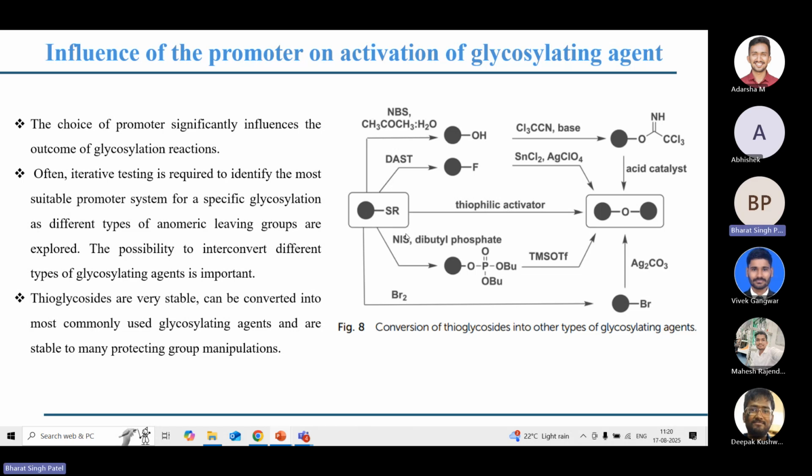Using NIS and dibutyl phosphate, it is converted to a phosphate donor, which can again be converted to the final glycoside. The thioglycoside can also be converted to bromide, and then the bromide to the glycoside. This modification can be done initially or after a number of glycosylations, that is, in oligosaccharides.